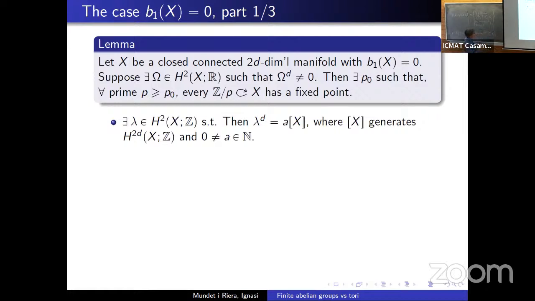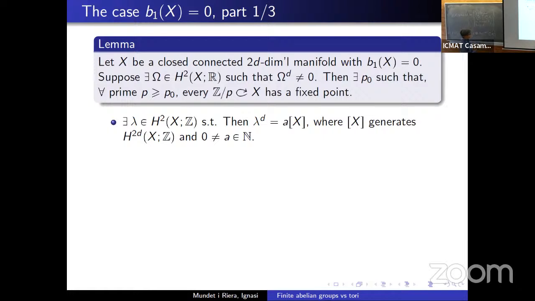The first thing is that you can replace omega by an integral cohomology class. So this is very standard. The set of degree 2 cohomology classes whose d-th power is different from 0 is an open set inside H2 of X with R coefficients. So as soon as you have an element in that set, you can deform it to an element with rational coefficients, and then you multiply this element by a suitable integer, and then you convert this into an integral cohomology class.